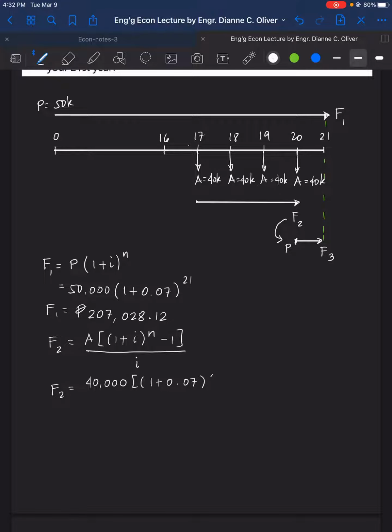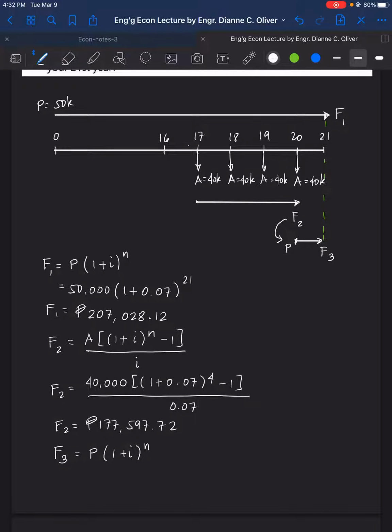We have there 4, minus 1, all over i of 0.07. So F2 is equal to 177,597.72 pesos.